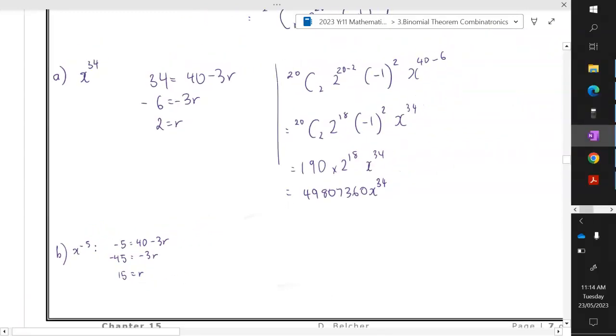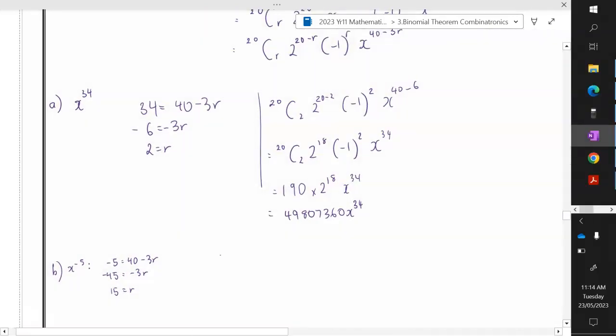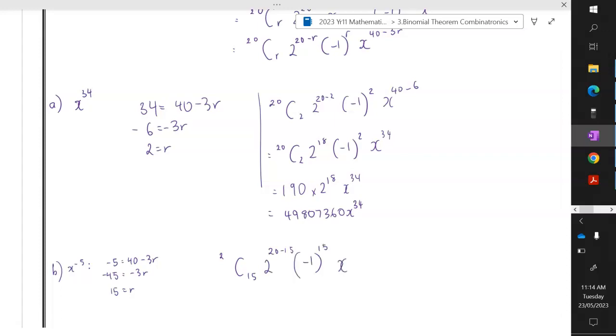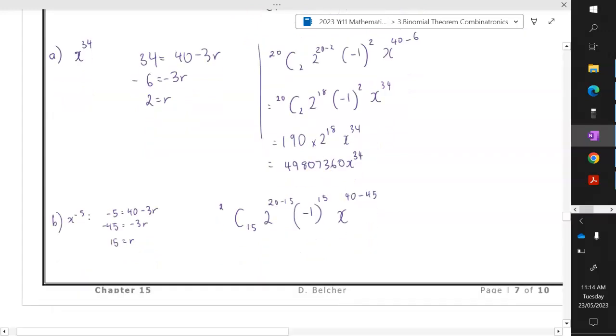Okay, so let's just apply that to our generic formula above. So we've got 20 C15, 2 to the 20 minus 15, minus 1 to the 15, x to the 40 minus 45.